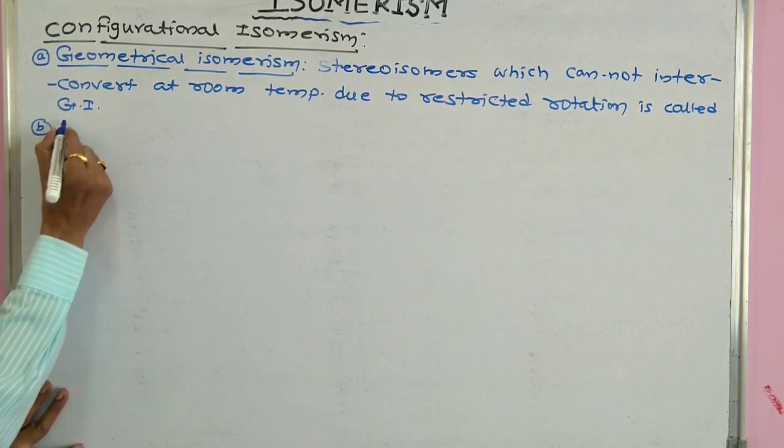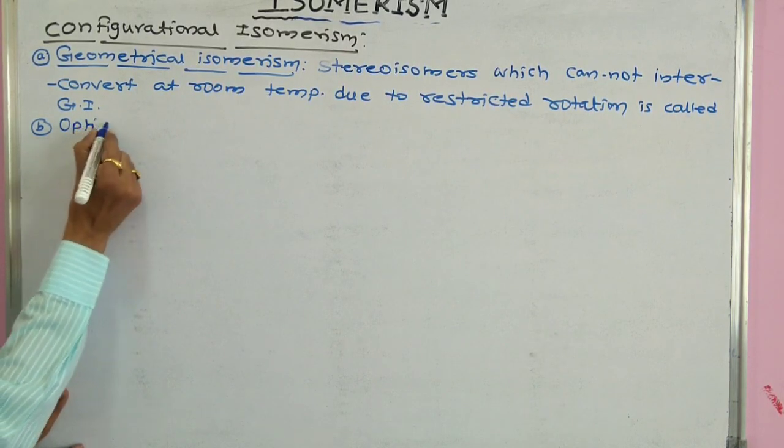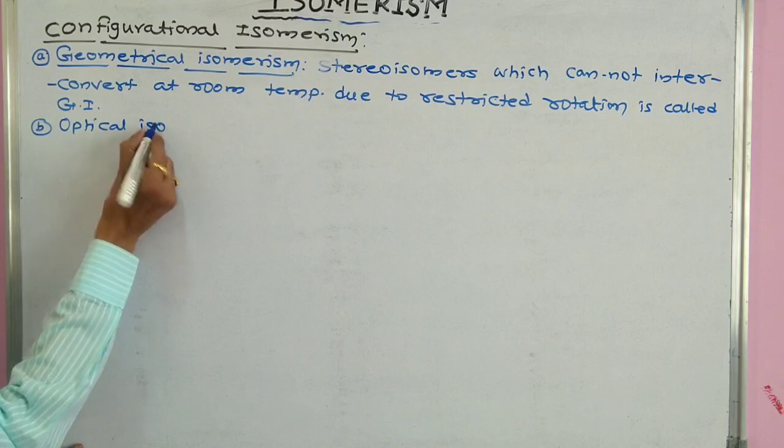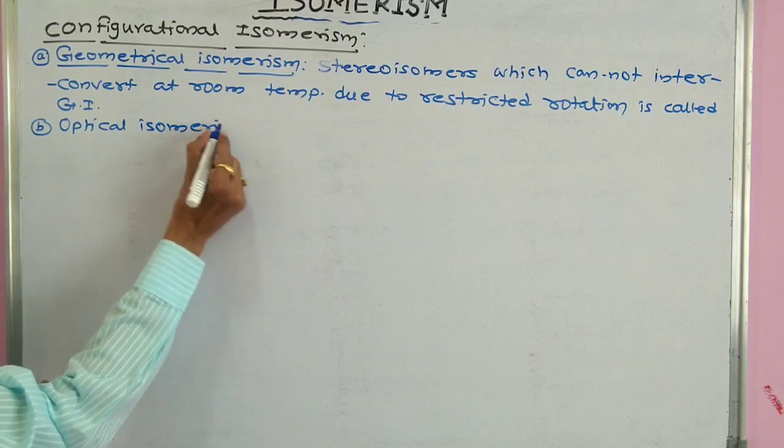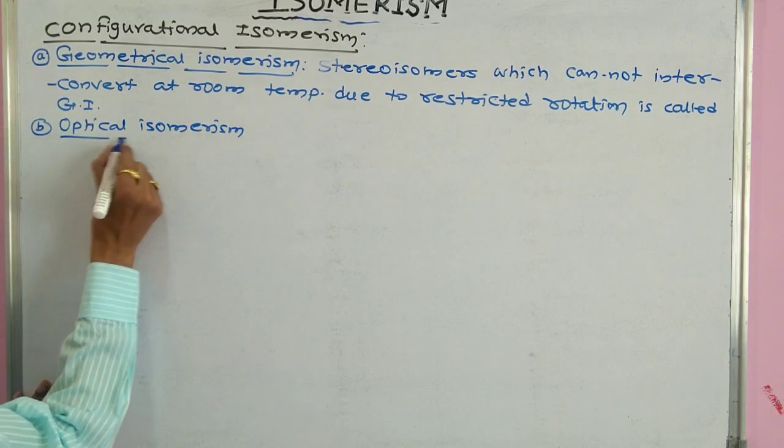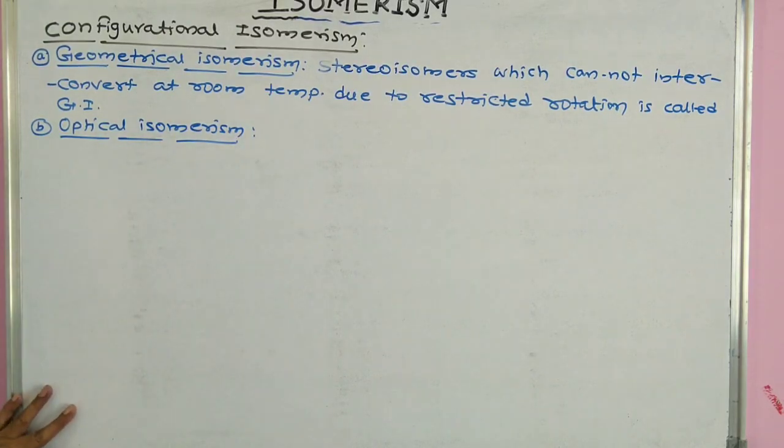And then the second type is optical isomerism.